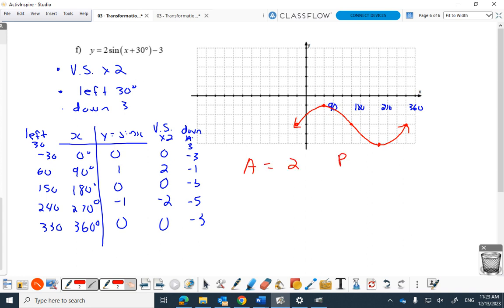Period, 360. Phase shift, left 30. Domain, x is an element of the reals, and range, negative 5 to negative 1.